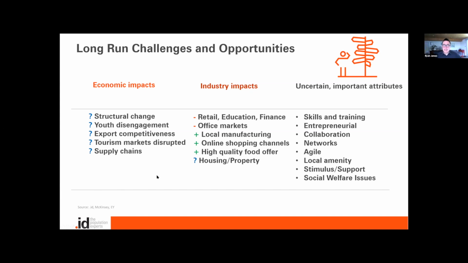Youth disengagement: these impacts, especially in your area, have affected women and young people in a much more significant way than the rest of the economy. So what's the long-term effect of that? Your job seeker rates are quite high. You can find that on the data tools. Export competitiveness, well, that's all changing, and people that are ready to market might have an advantage there. Tourism markets disrupted.